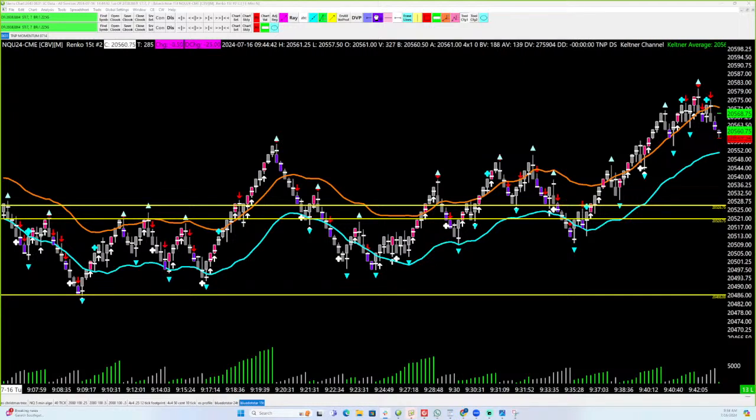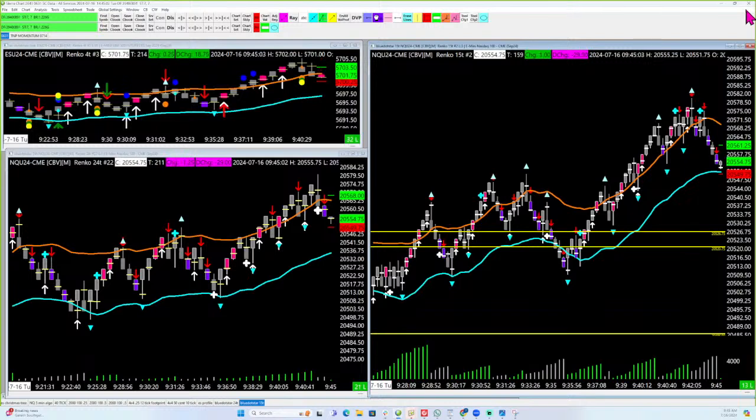Okay. It's flagging short right there on the 15 tick. And there it goes.